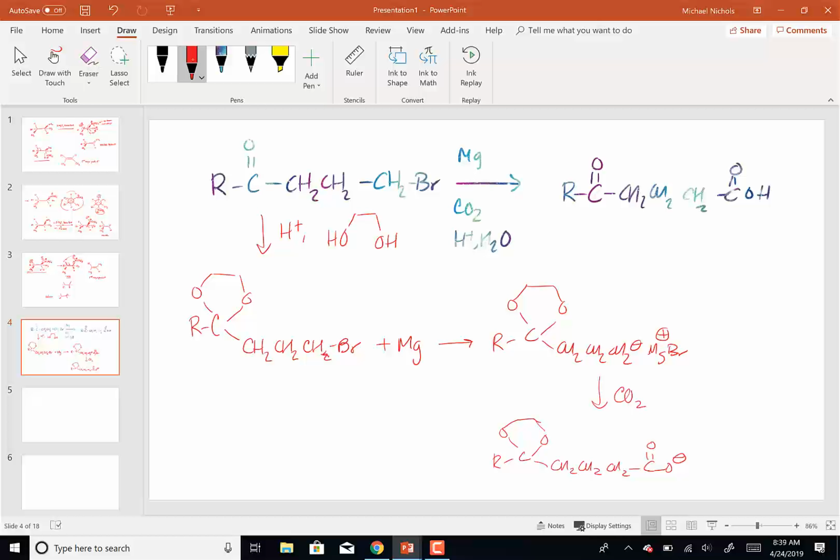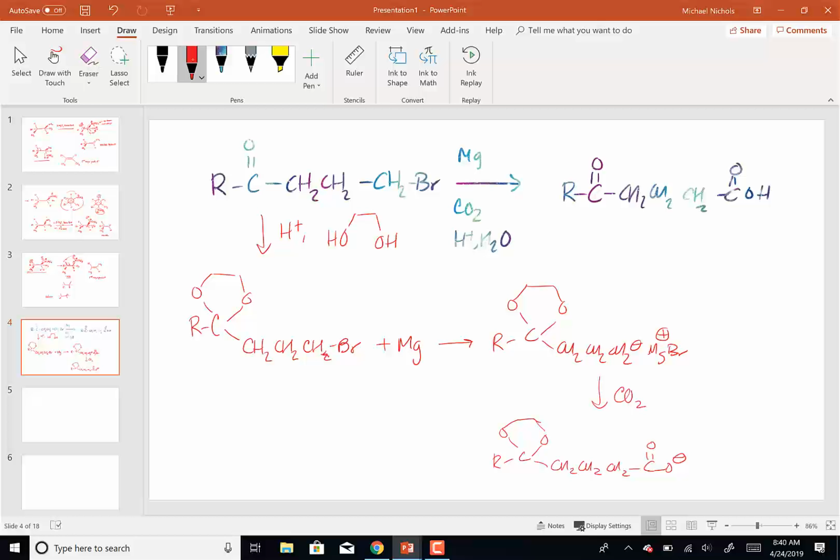Now, remember, acetals and ketals are stable to everything but acid. This cyclic ketal, or any ketal, any acetal, is stable to any reagent except acid and water.